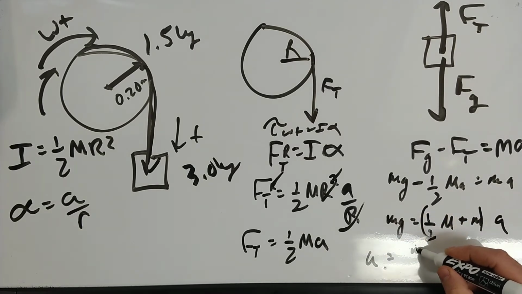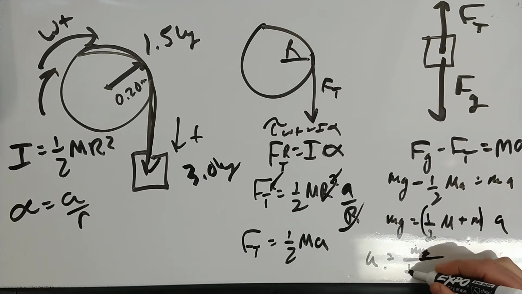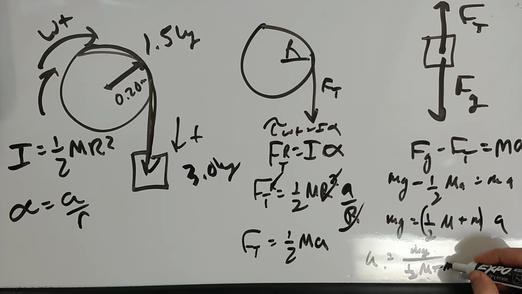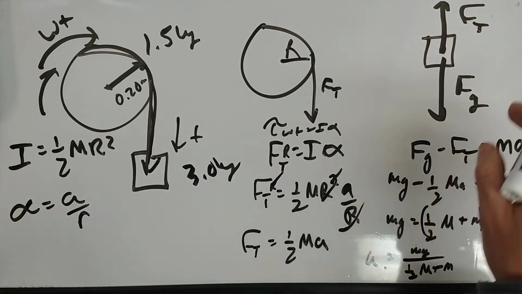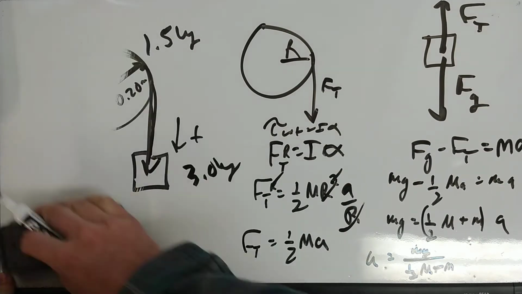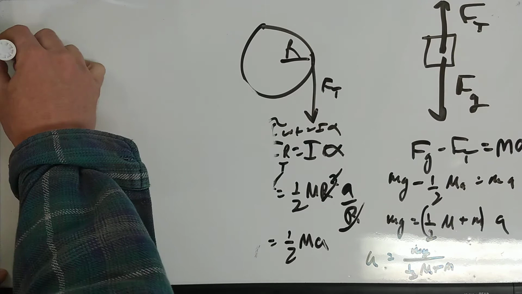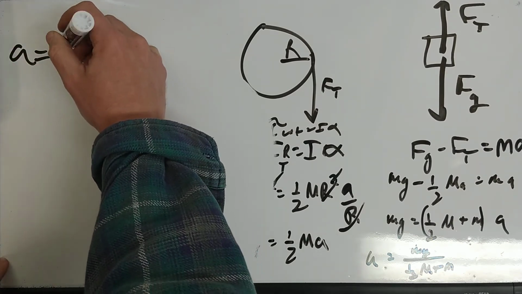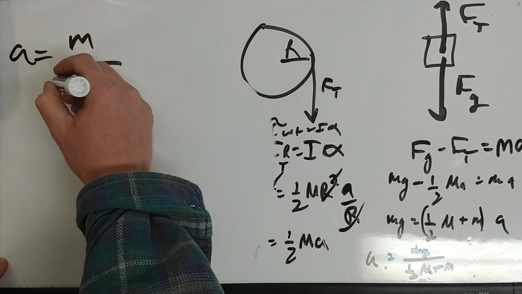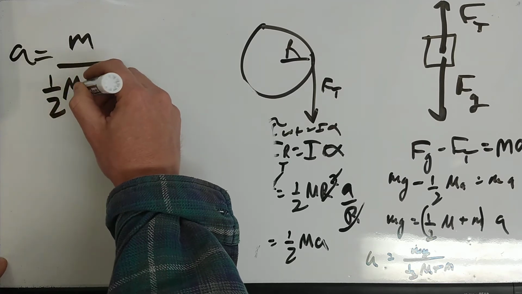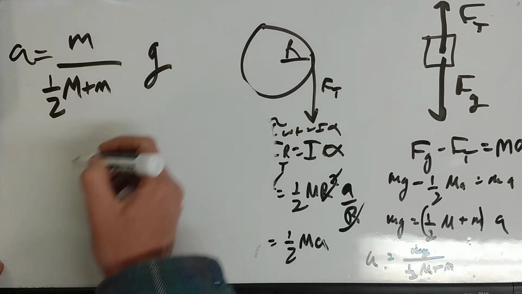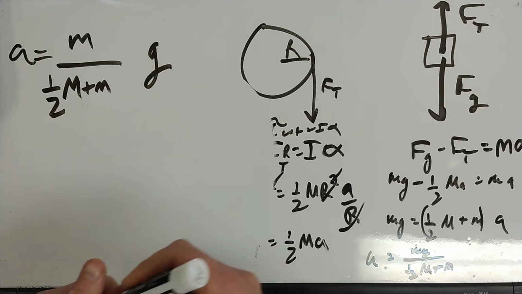A equals mg over 1/2 big M plus little m. Or the way we typically will write this, we could have done the old blob method. Acceleration equals m over 1/2 big M plus little m times g. So then we just have to plug in the numbers here, right?